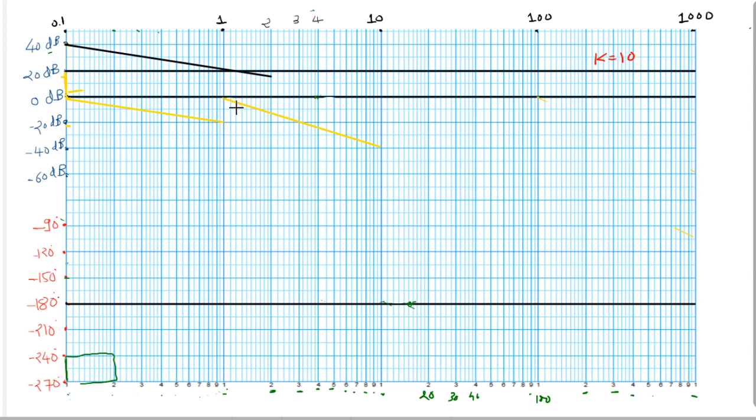That is minus 40 decibel from 1 to 10. But our line starts from here, so I am drawing it exactly parallel to 2 to 100.